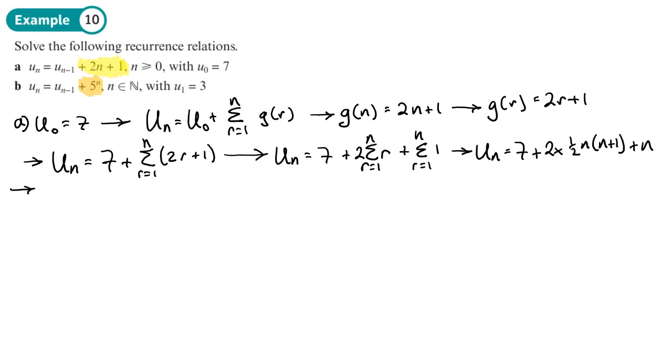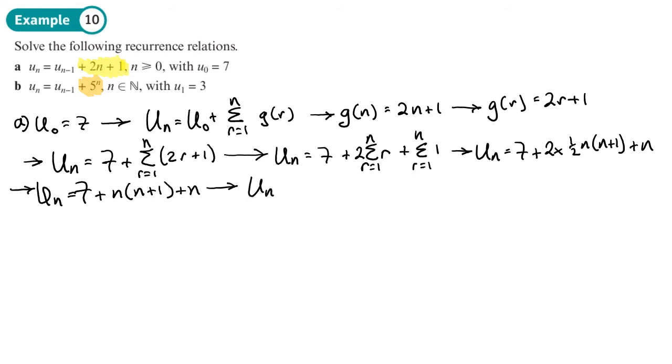We can simplify that to give a final answer of un equals 7, then the 2 and the half will cancel out, so we'll have n times by n plus 1 plus n, and I'm guessing we could simplify that.